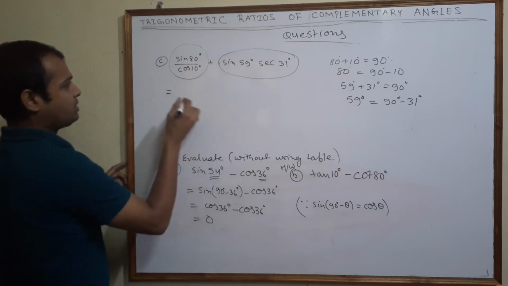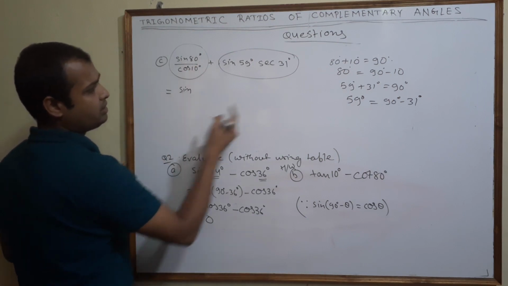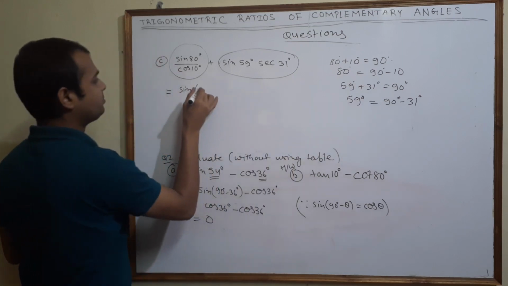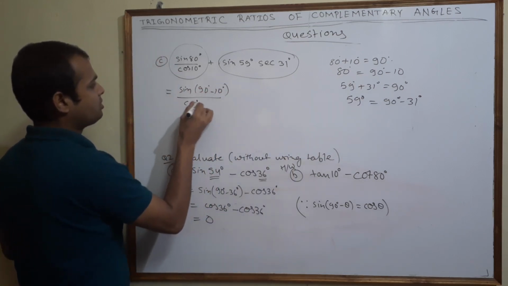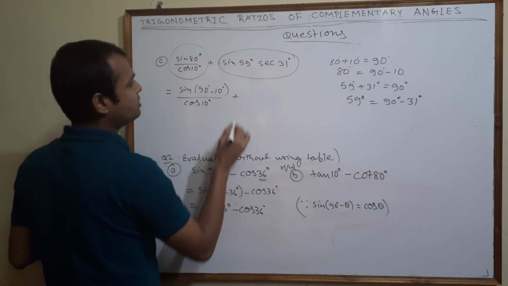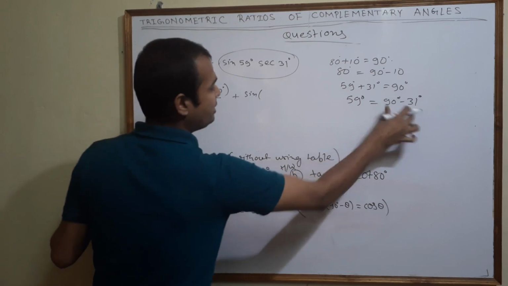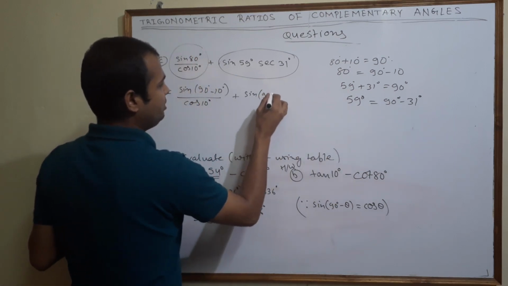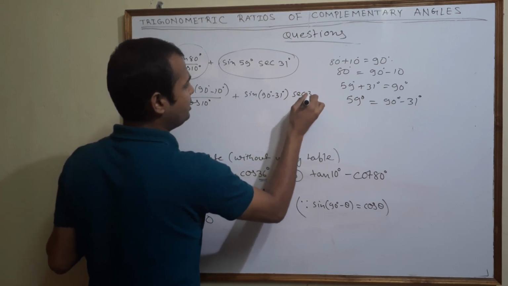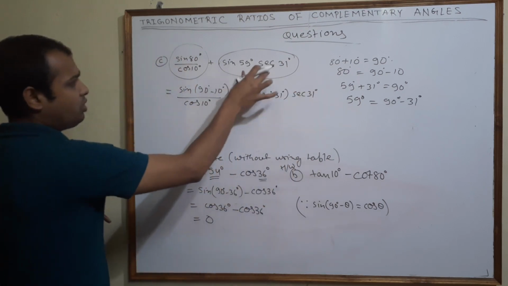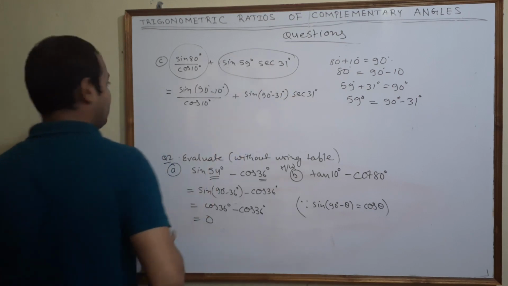In the next step we'll write sin(90 minus 10) upon cos 10 plus, in place of 59 I'll write sin(90 minus 31 degree) and sec 31. You don't have to change both, only one has to be changed.